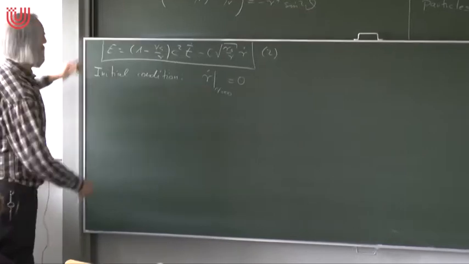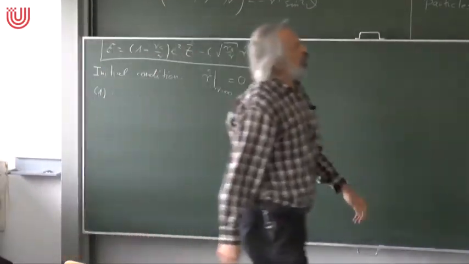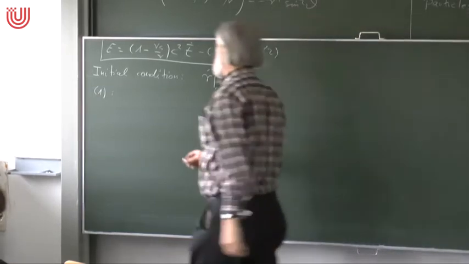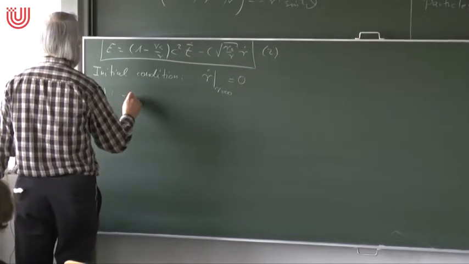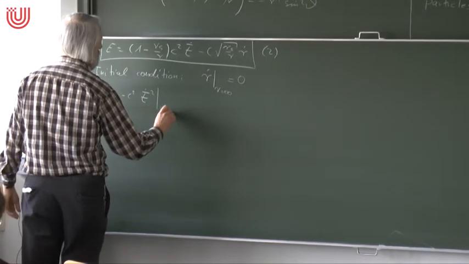Let's see what we get from 1. From 1, if r is infinity, then this term is gone. So the first term is just minus c squared t bar dot squared, of course, at r equal infinity.